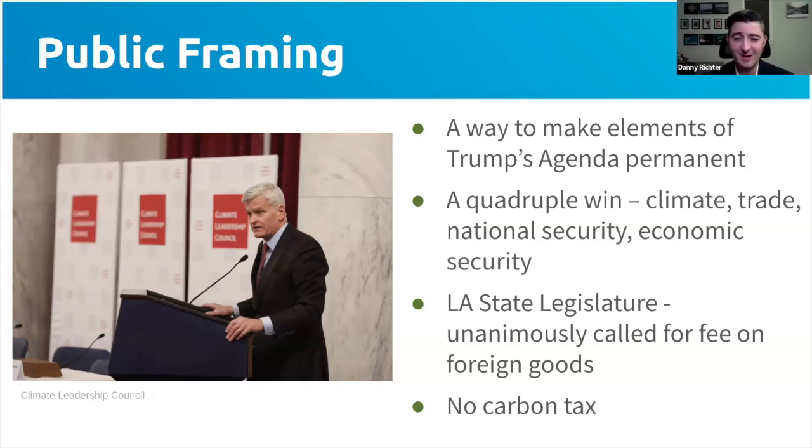So I thought that was quite impressive by the good senator from Louisiana. And the bill, as with last time, explicitly states this is not a carbon tax. Nothing in this bill shall be construed as supporting a carbon tax. That's also pretty important for his messaging, so that this is not perceived as or confused with a carbon tax.